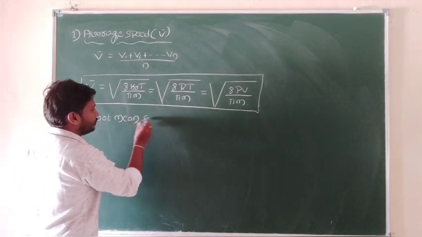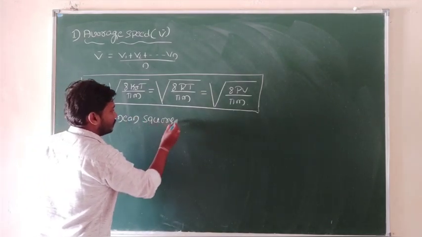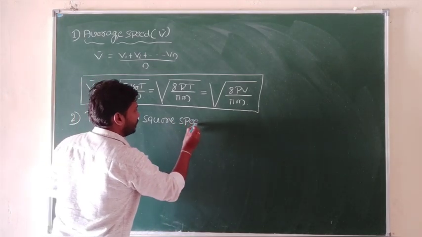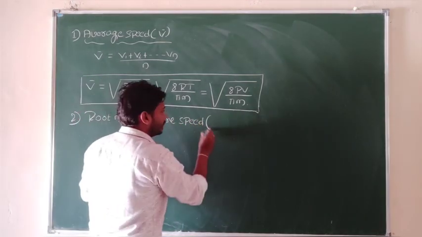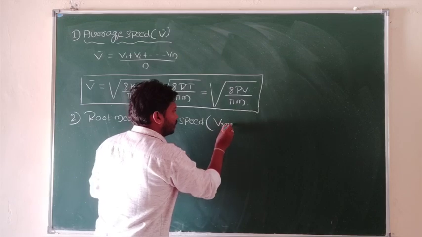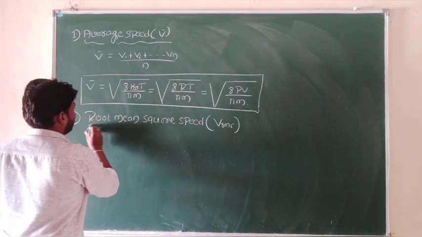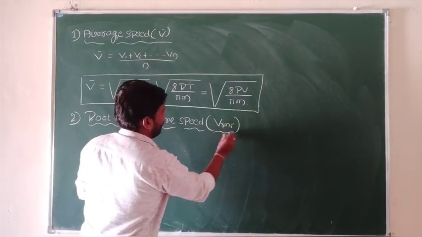Root mean square speed. So this we can take as VRMS, root mean square speed.